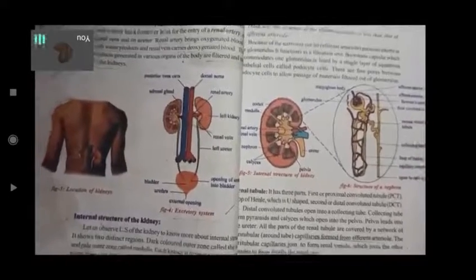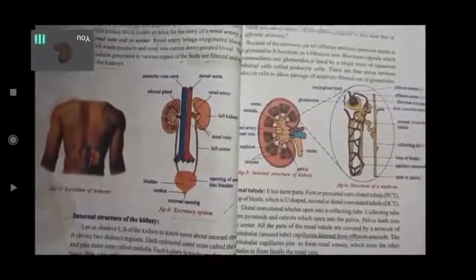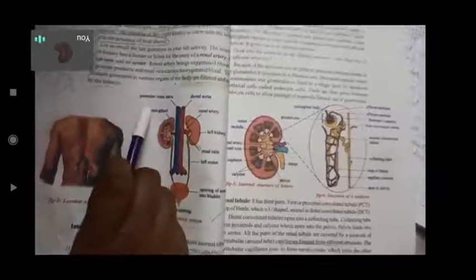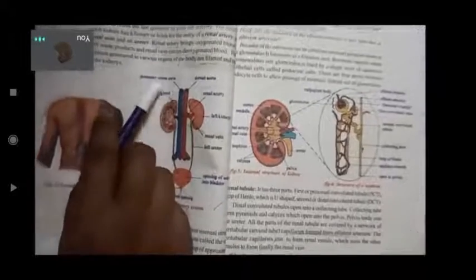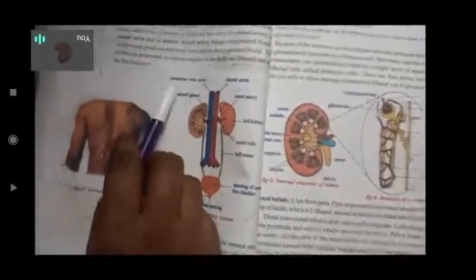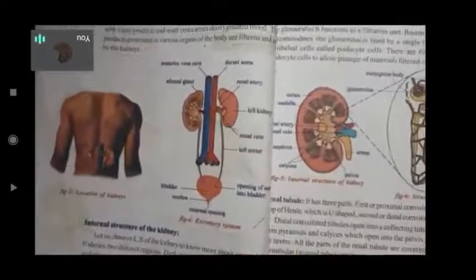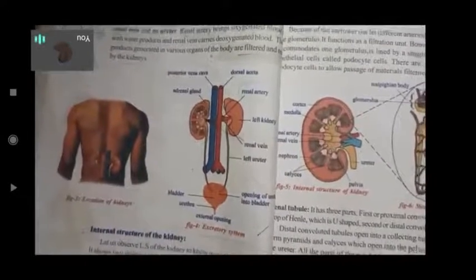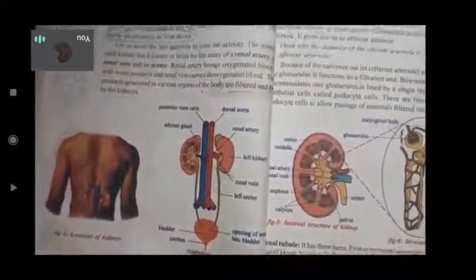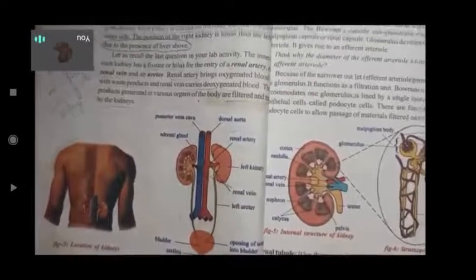First I want to start from the right side, this posterior vena cava. In the transportation lesson we have studied about the posterior vena cava. So what is the posterior vena cava?